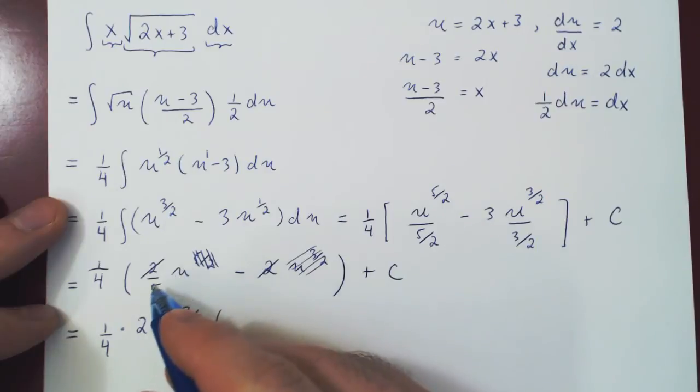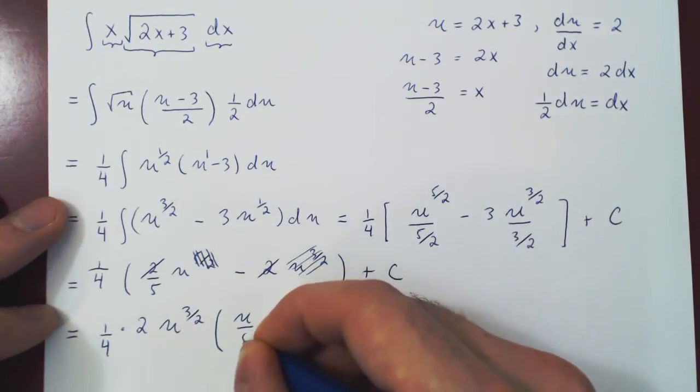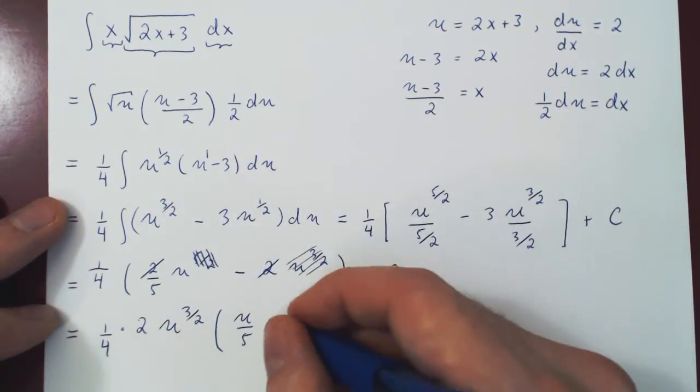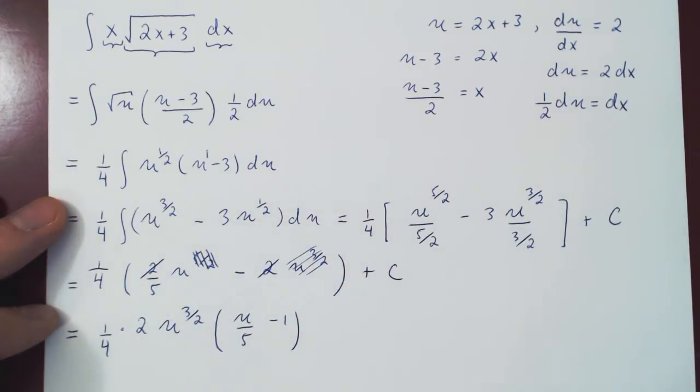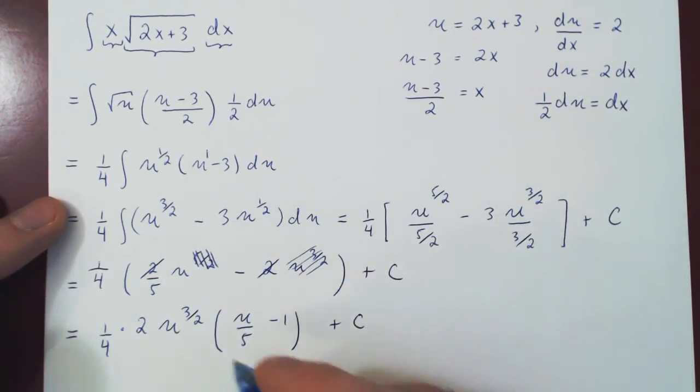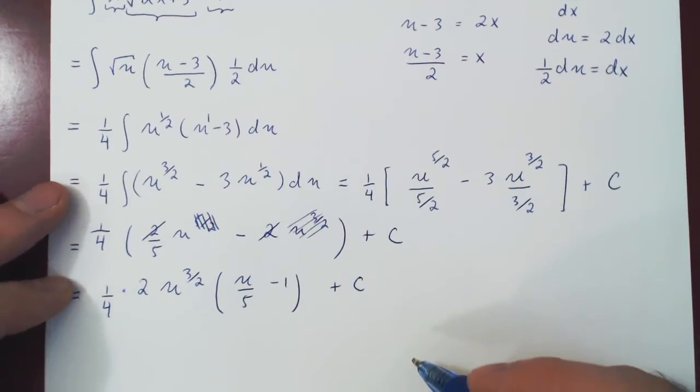We're left with u over 5 minus 1 plus c. And here, if you want, you can write this as (u minus 5) over 5.